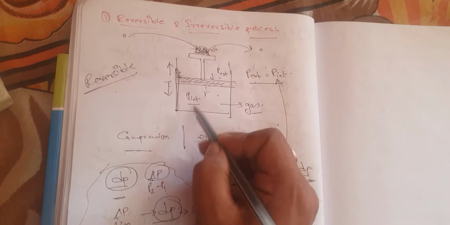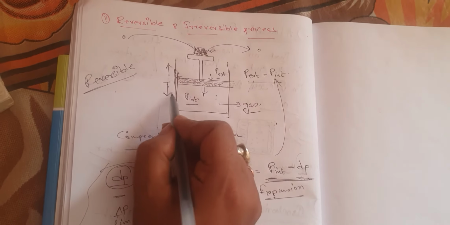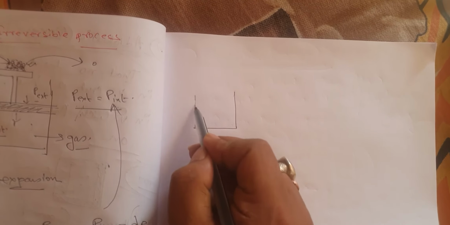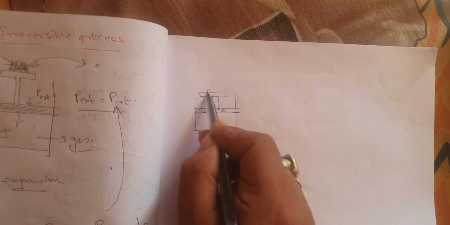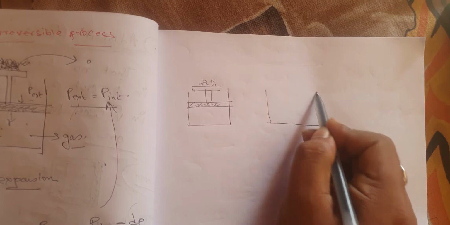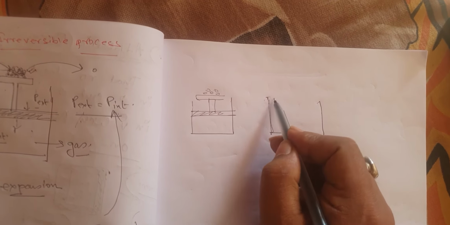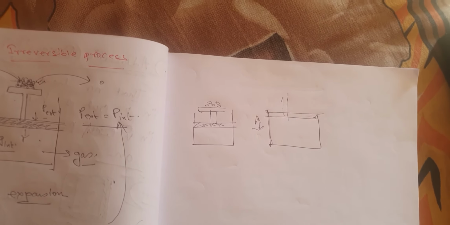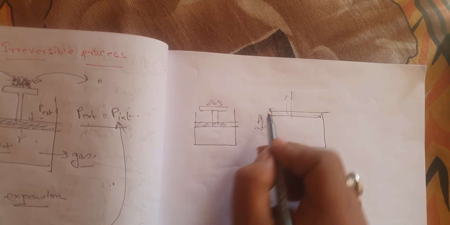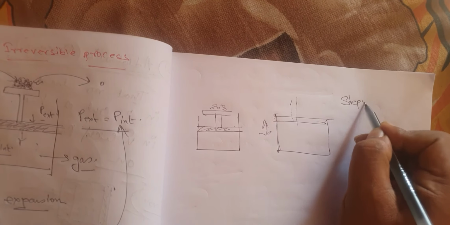Suppose, let me draw, you have from this position, by removing the sands, come to this position. Now you have got a lot of increase in the volume. Fine, we understand. But you have done it stepwise, first thing.